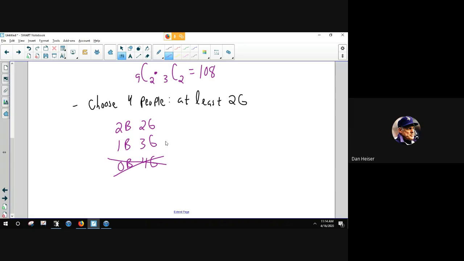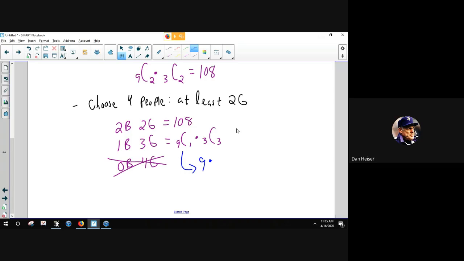So we have 2 sets of possibilities. We already know what the first one is because we just did it. This one we need to figure out. This is 9C1 times 3C3. nC1 is just n, so 9C1 is just 9. nCn is just 1.